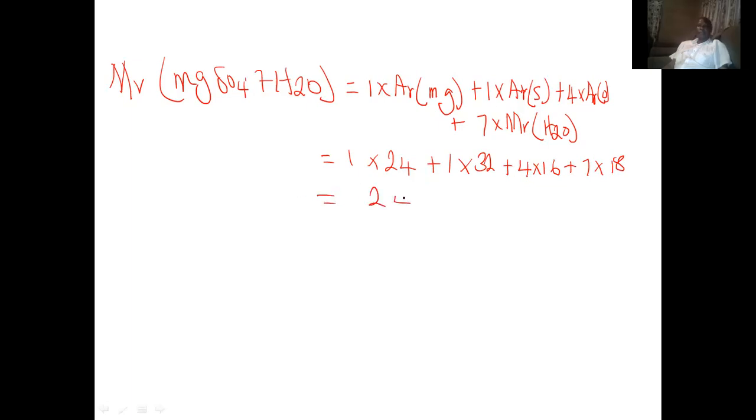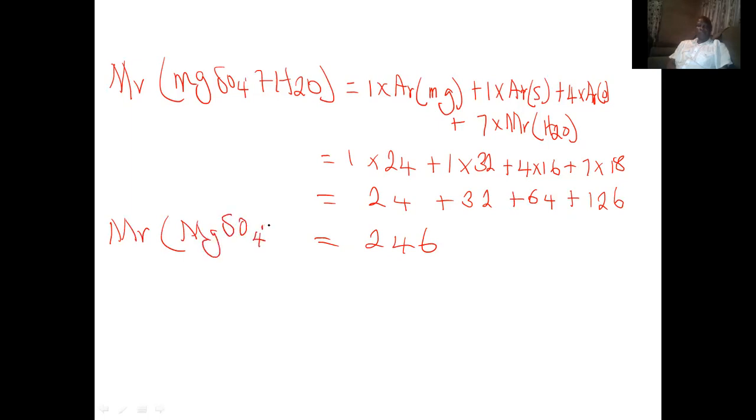This gives us actually 24 plus 32 plus 64 plus 126, which gives us actually 246. 246 is the relative molecular mass for magnesium sulfate, which is actually hydrated.